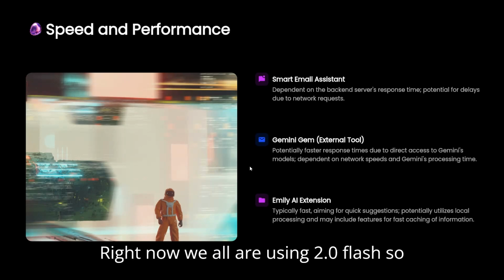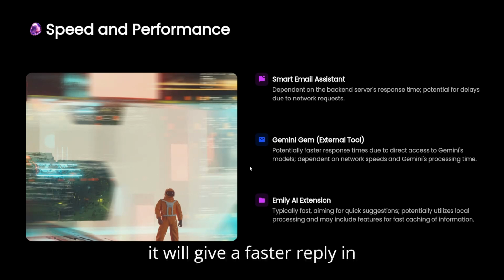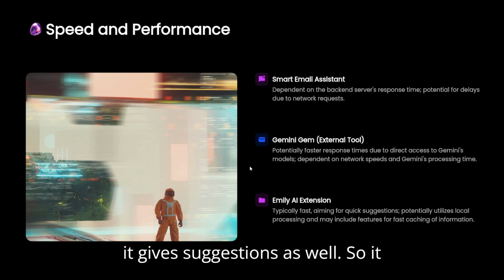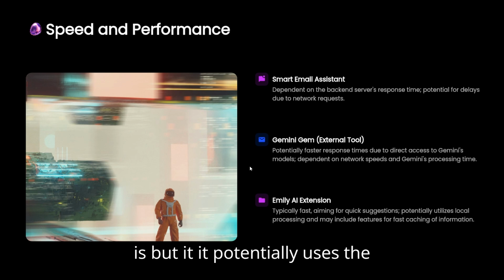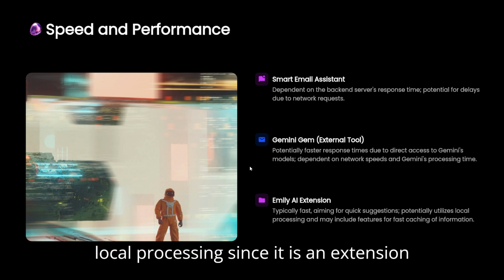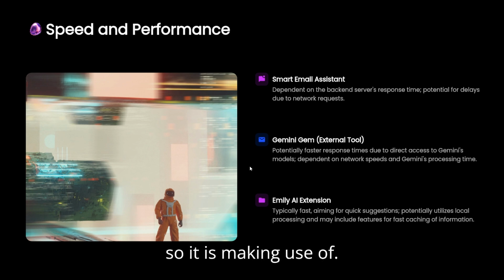Right now, we are using 2.0 Flash, so it will give a faster reply in comparison to 1.5 Flash or any other model. In case of Emily AI, it is very fast and it gives suggestions as well. It potentially uses local processing since it is an extension, so it is making use of client side scripting. So it may include features for fast caching of the information.